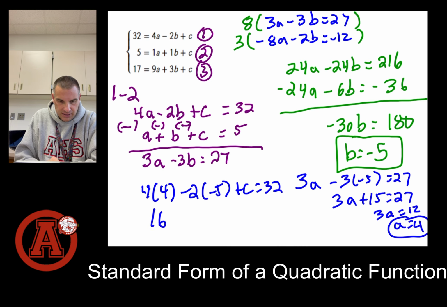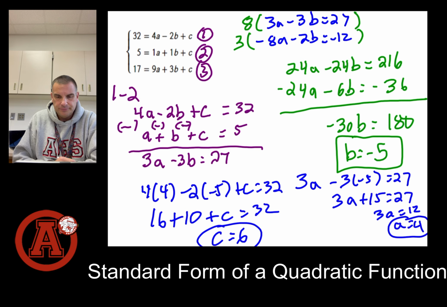So 16 plus 10 plus c equals 32, so that's 26. So c is equal to 6. So there's my c value.